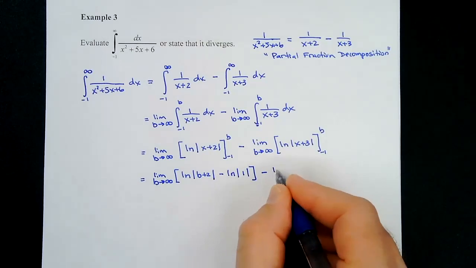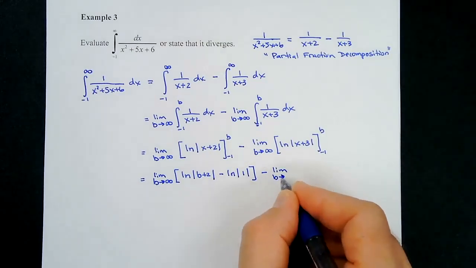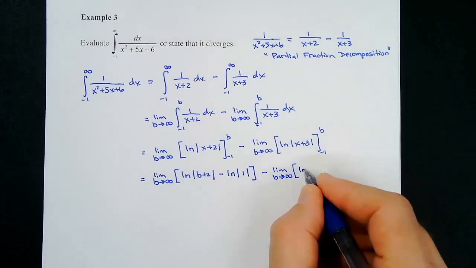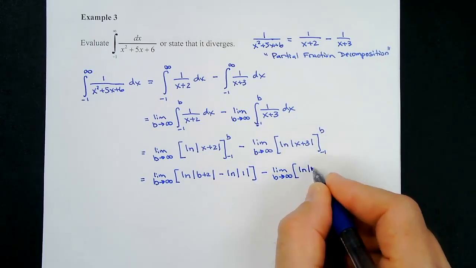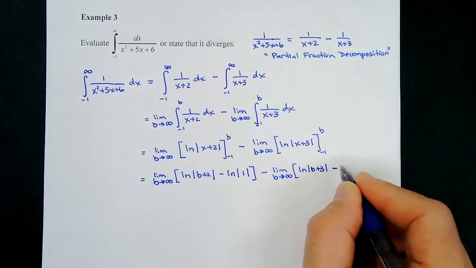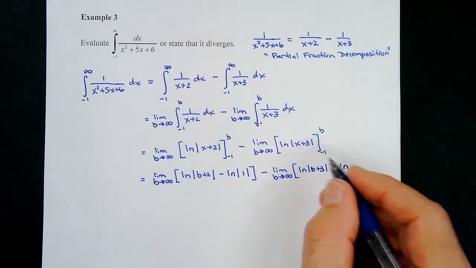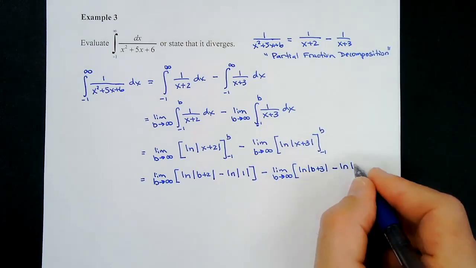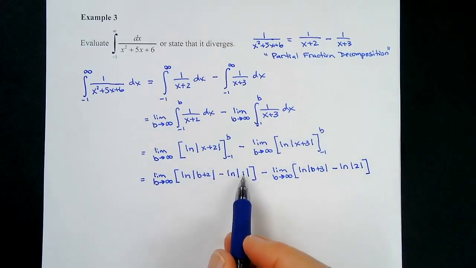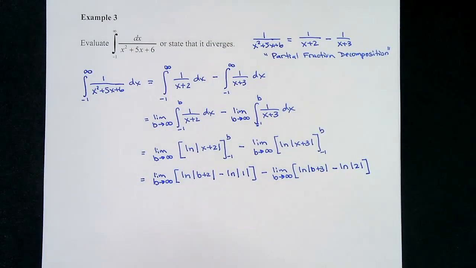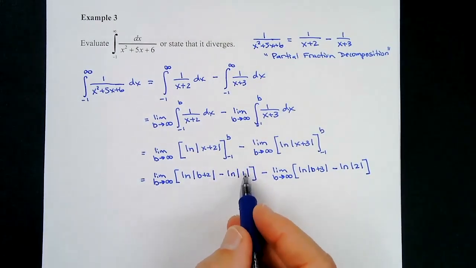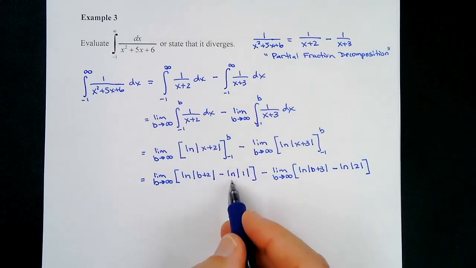And then minus the limit as b approaches infinity of, putting b in here, the natural log of the absolute value of b plus 3, and then minus the natural log of, if we put -1 in, the absolute value of 2. The natural log of 1 we can rewrite as the natural log of e to the 0, so this is just 0.